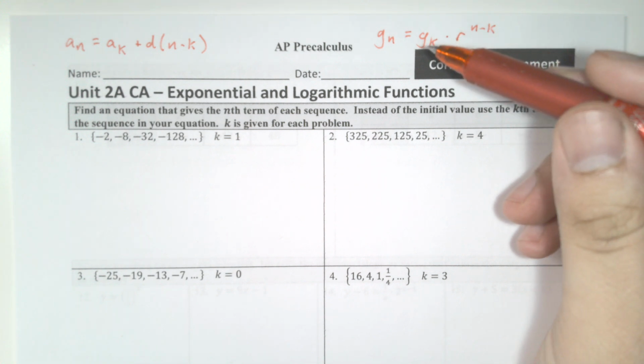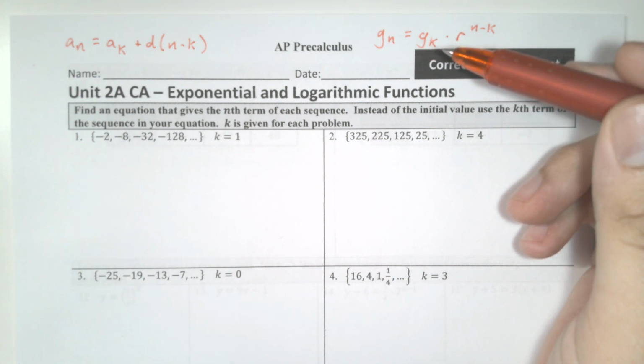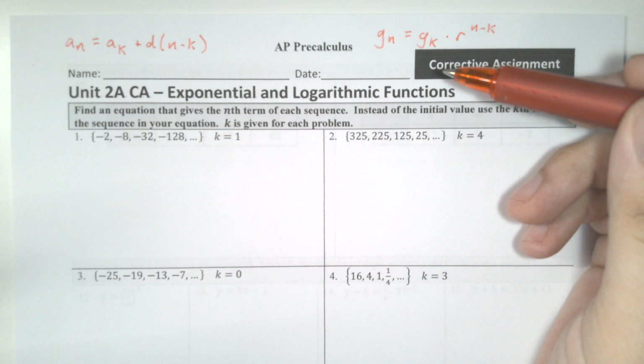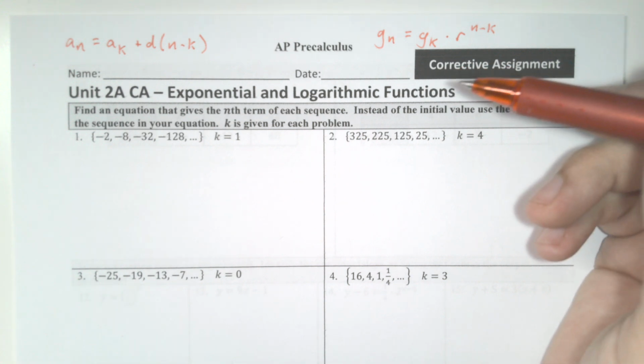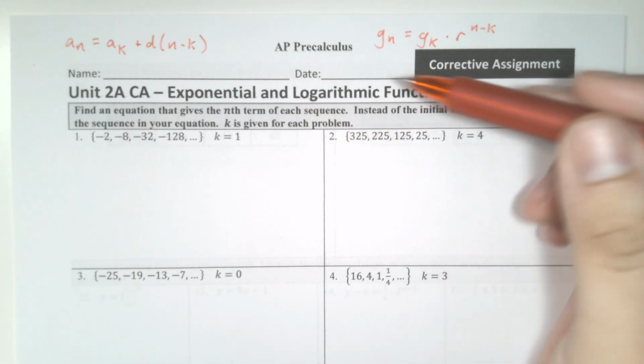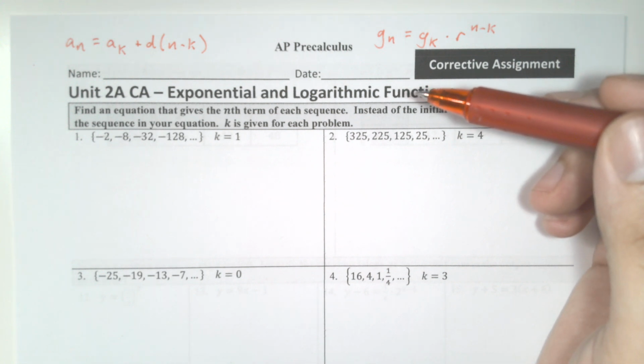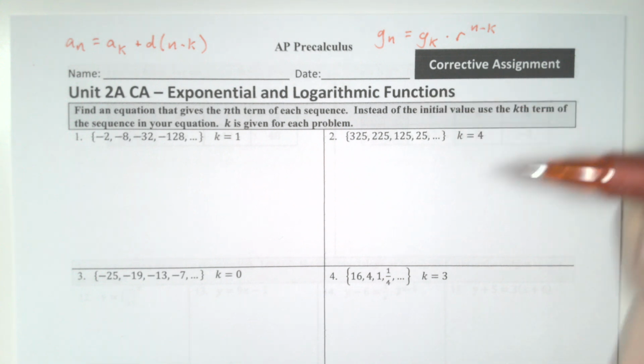And remember, geometric sequences are when we are multiplying or dividing by some common number, but we always want to frame it as multiplication. And so, with these two formulas in mind, remember you're going to have to remember these on your exam. I will not be providing you any formula chart.